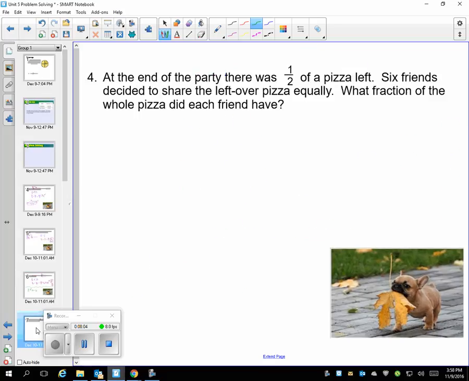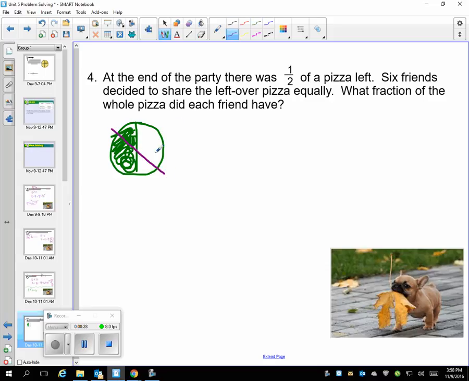At the end of the party, there was half of a pizza left. 6 friends decided to share the leftover pizza equally. What fraction of the whole pizza did each friend have? Okay, so I'm just going to draw my silly little picture. I know I'm starting with half a pizza. And they're splitting that pizza between 6 friends.